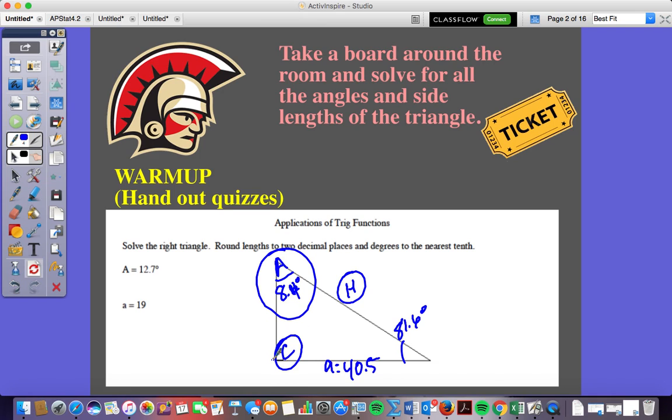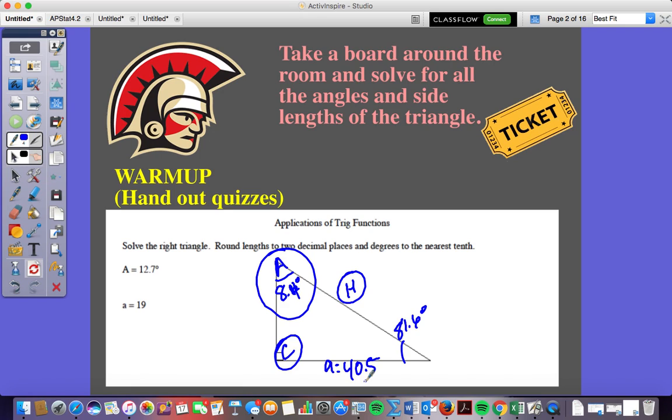It's the C. If C is the largest angle, across from it should be the largest side. And since A is the smallest angle, across from it should be the smallest side. If you forget that, that's something to use to check as you're doing it on the test, okay?